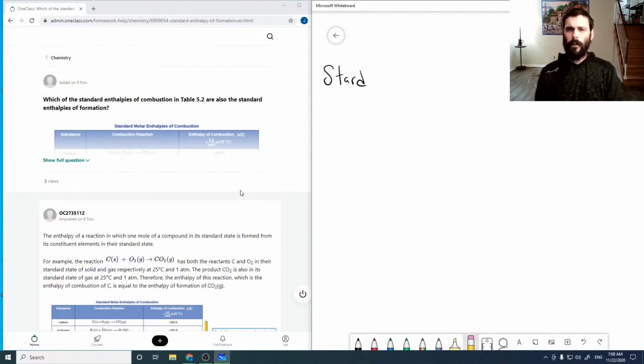So the key thing to remember is that the standard enthalpy of formation is the enthalpy for formation from standard forms.